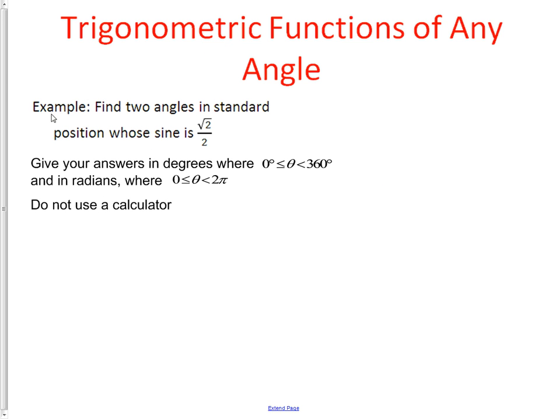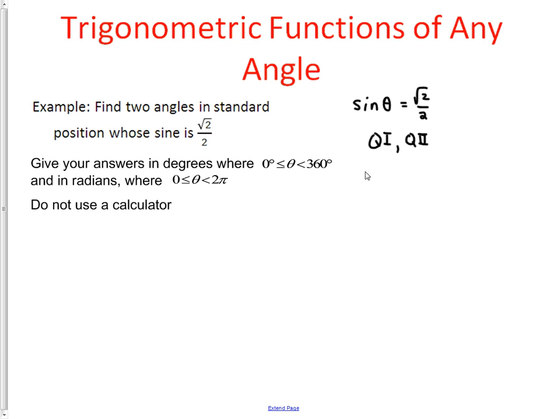Let's find two angles in standard position whose sine is square root of 2 over 2. All right, so we're saying that there's some angle theta whose sine is equal to positive square root of 2 over 2. So we would ask ourselves the question, in what quadrants is sine positive? Well, quadrant 1 is certainly a place where sine is positive, and quadrant 2 is the other quadrant.